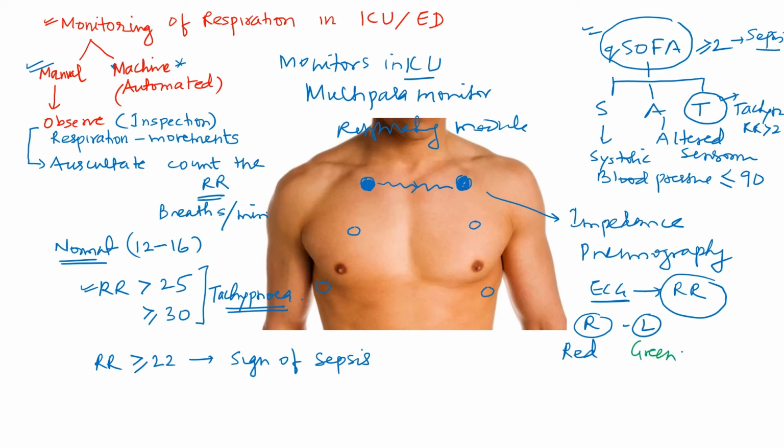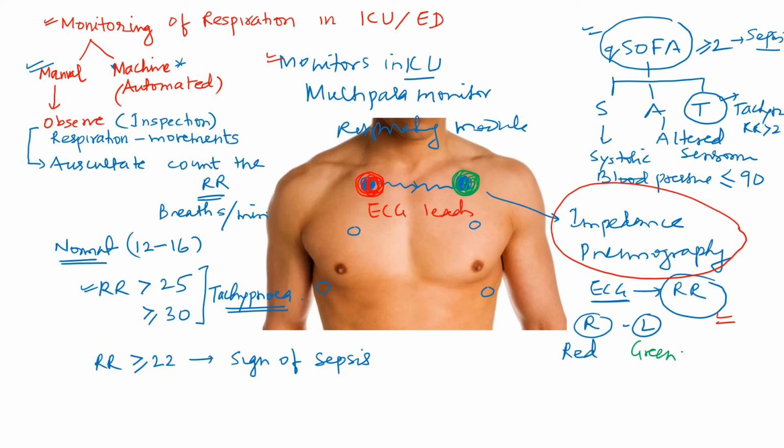So this will be the green lead, left side near the heart, and this will be the red lead. So the ECG lead is used to detect the respiratory rate. That is one way, and the technique is called impedance pneumography. That will give you the respiratory rate on the monitor.